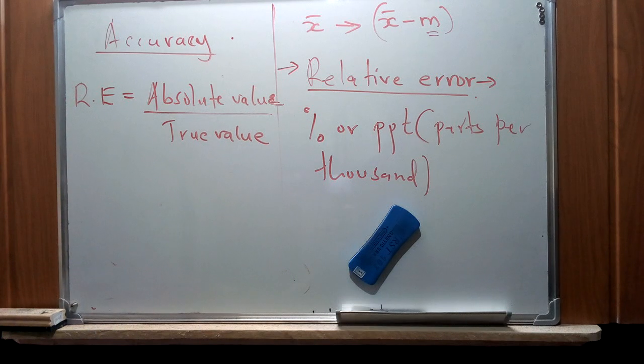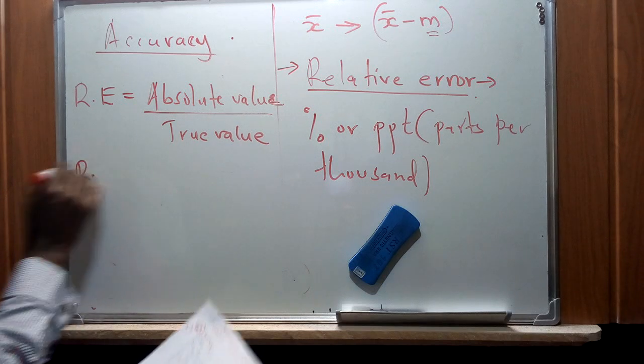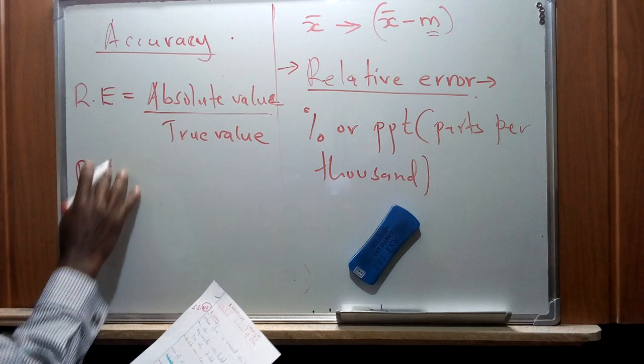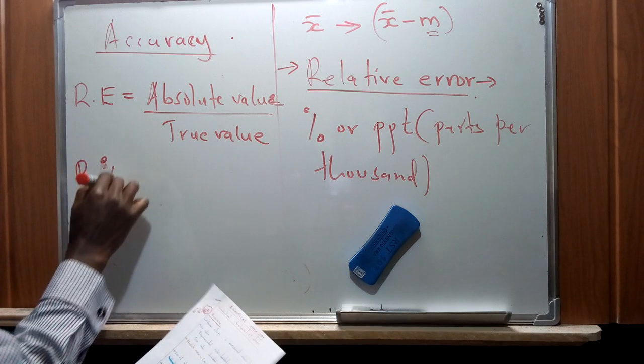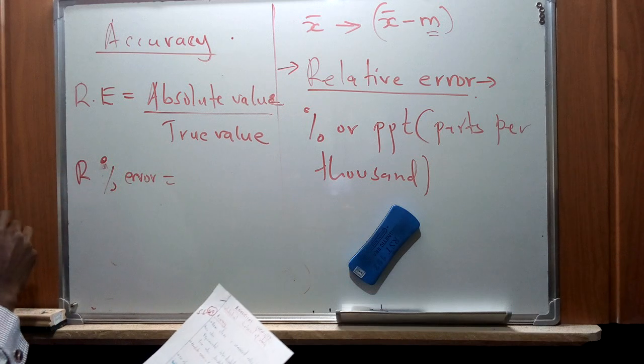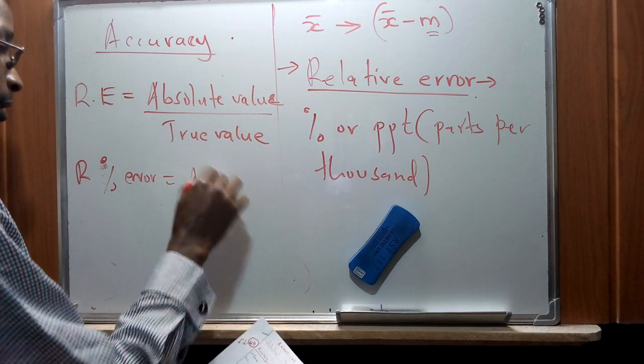So now that we have given an absolute value using the different ways there, this is the first way in which it can be expressed. Of course, we have said as a percentage, and therefore we can just write it as a relative percentage error, which can be expressed as absolute error over true value.